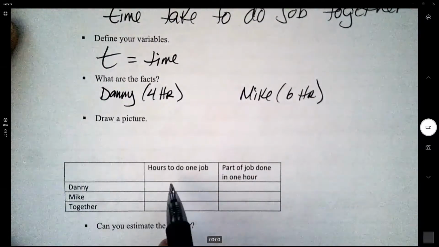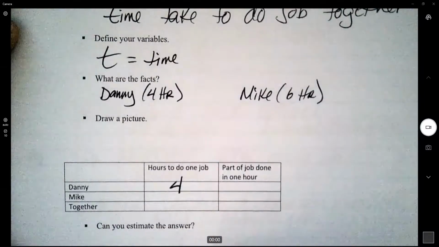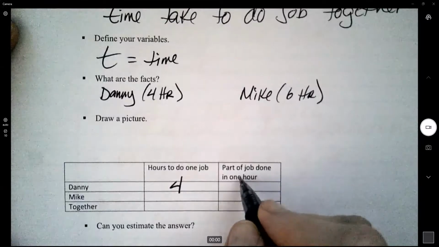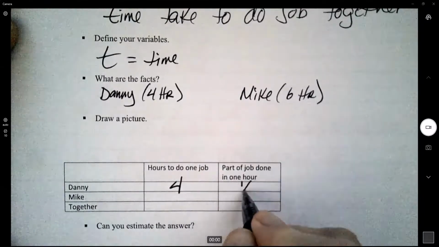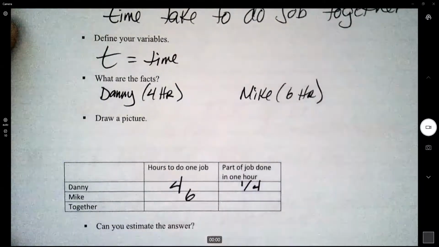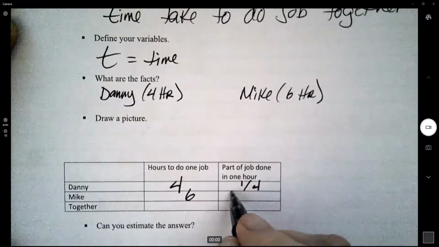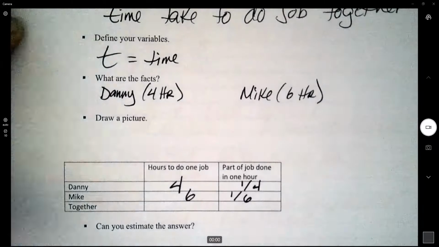Danny takes 4 hours to do the job alone, which means in just 1 hour, he can finish 1/4 of the job. Mike takes 6 hours to do the job, so in just 1 hour, he would only finish 1/6 of the job.